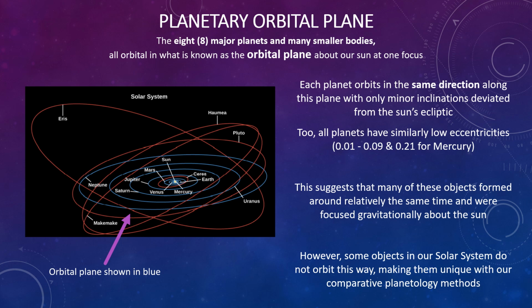We can see that Eris is very off of the orbital plane, and Pluto also is a little bit off, which was one of the signs to astronomers that Pluto didn't quite fit into the group of planets and needed to perhaps be in its own category, the trans-Neptunian objects.